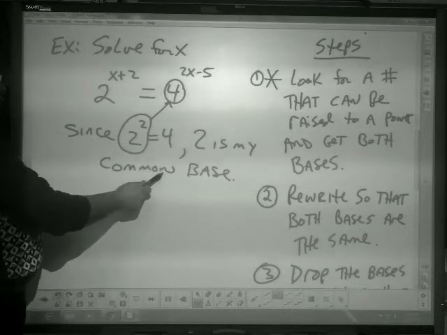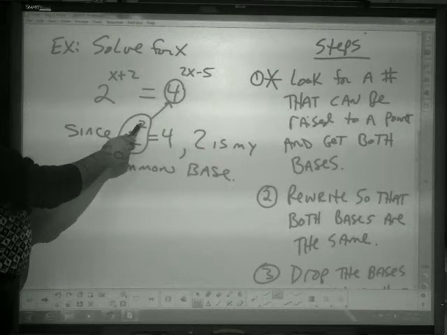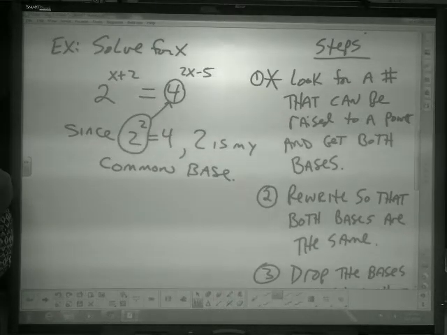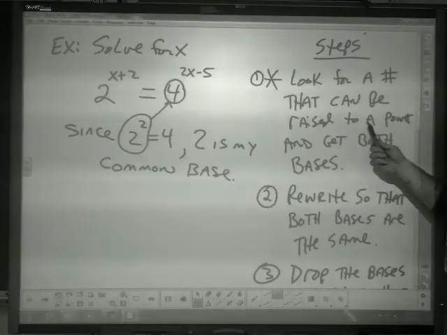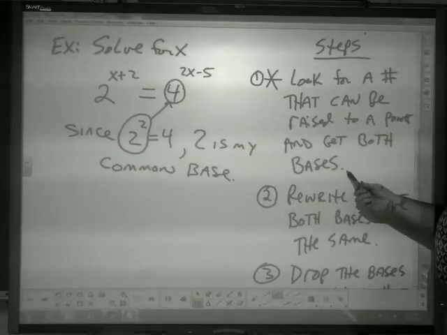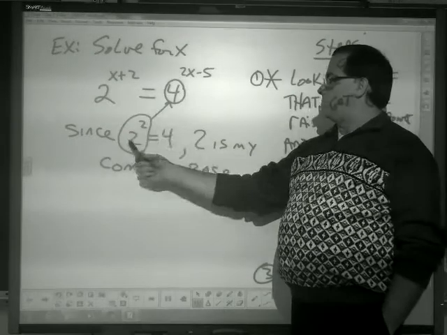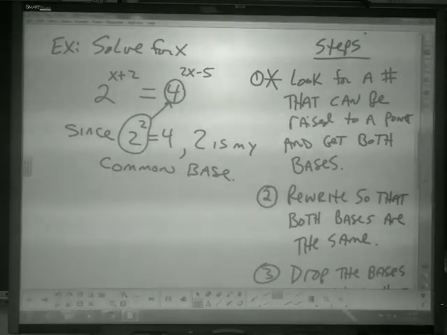So therefore, 2 is my common base. I can rewrite 4 as 2 to some power. 2 is, I don't need to rewrite. Okay? So, look for a number that can be raised to a power, and to get both bases need to be the same. So my base of 2, this would also have a base of 2. We're okay. 2 is my common base.